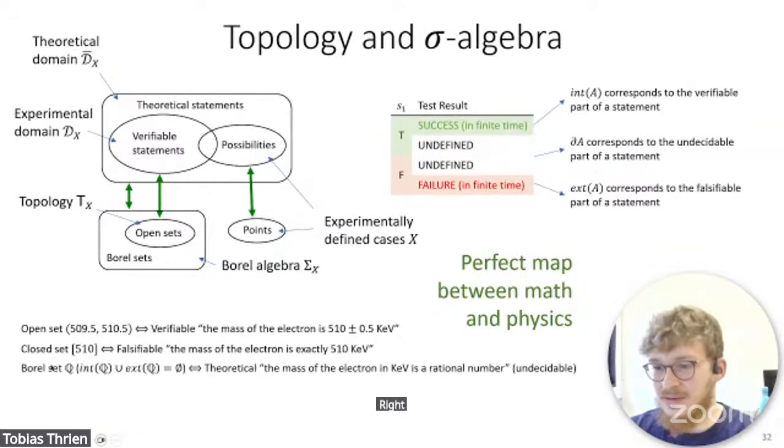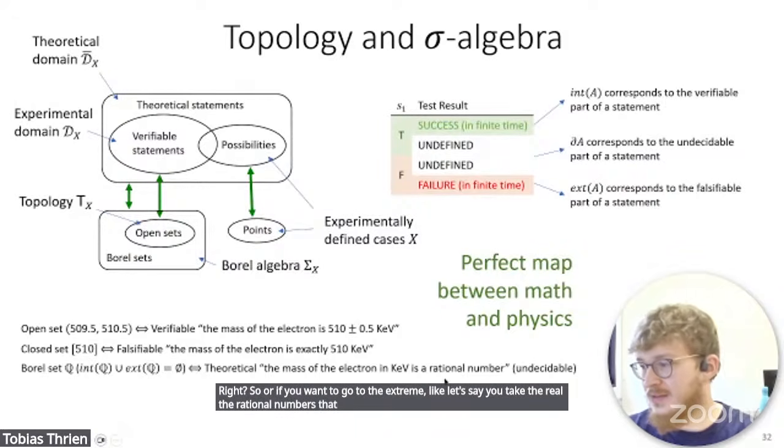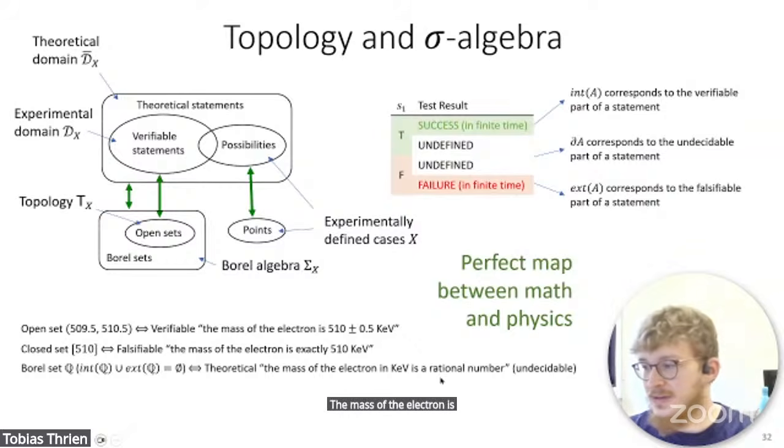Or if you want to go to the extreme, let's say you take the rational numbers, that's still a Borel set, but you will never be able to find out if the mass of the electron is a rational number. That would be an example for an undecidable statement.